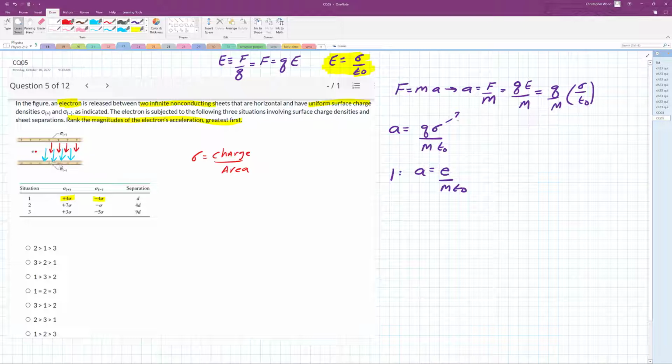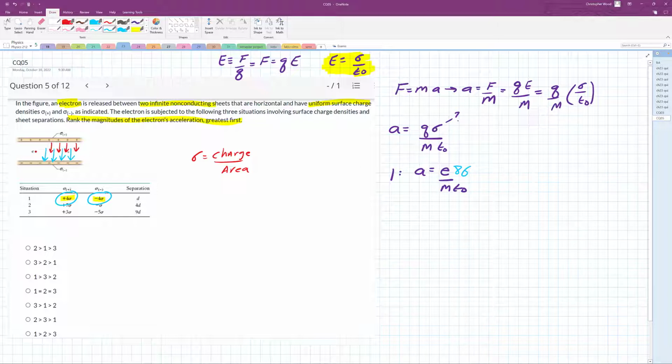I'm drawing 4 field lines because situation 1 says this is the charge density: plus 4 sigma for the positive plate, minus 4 sigma for the negative plate. So I'm going to use 4 plus 4, or 8 sigma, for situation number 1.